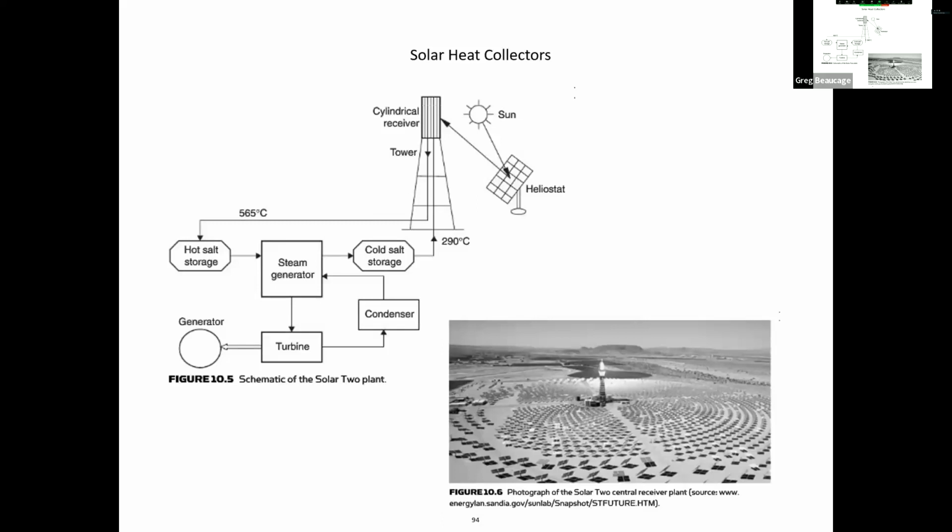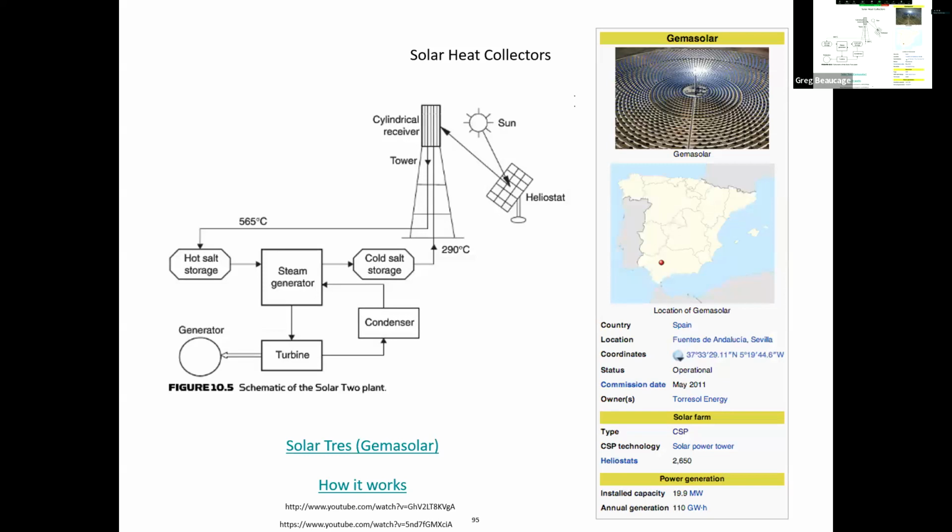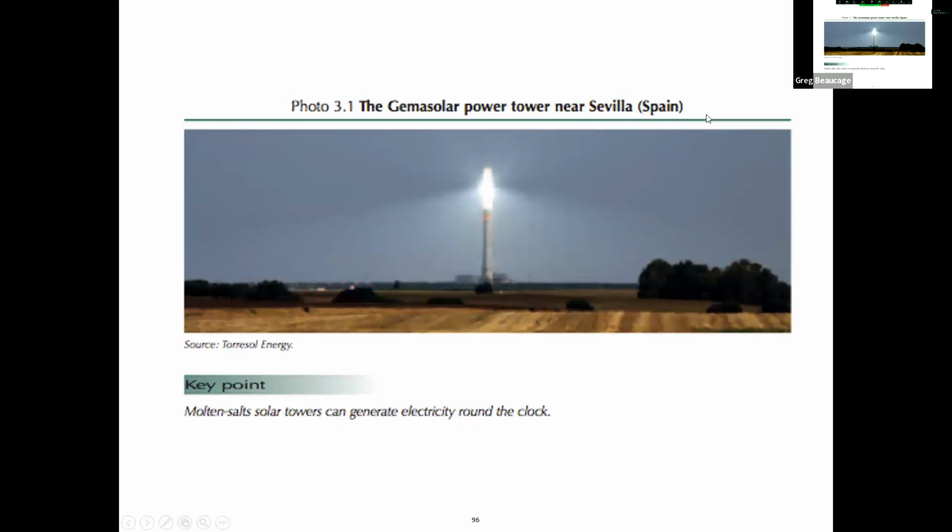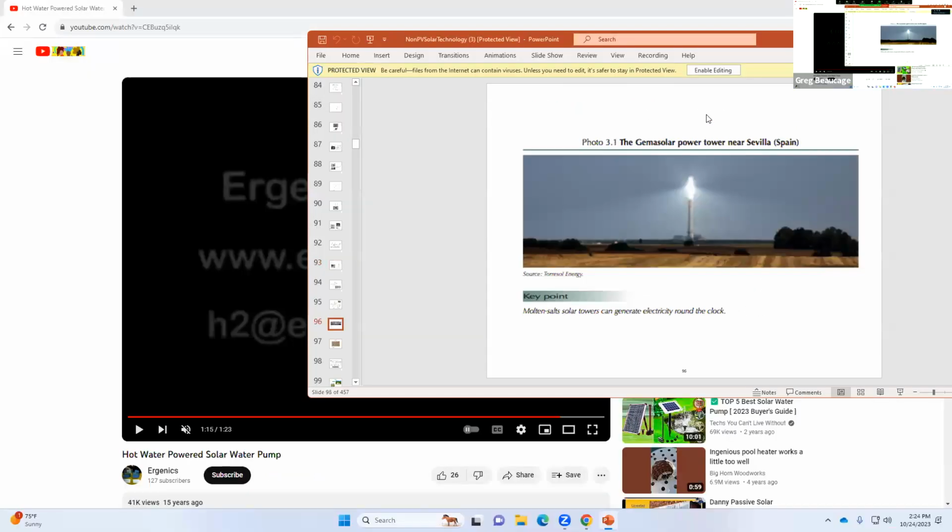This is at Sandia in New Mexico. You know, kind of shown as a prototype or something, I guess. There's one of these in Spain, and there's one in Nevada. I didn't put a picture of that in here, but there are a few.